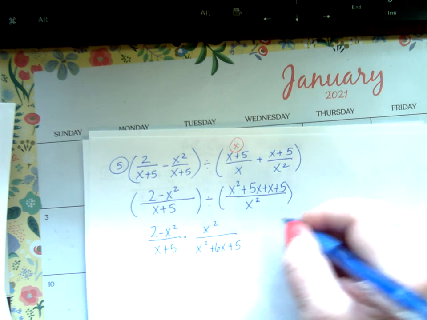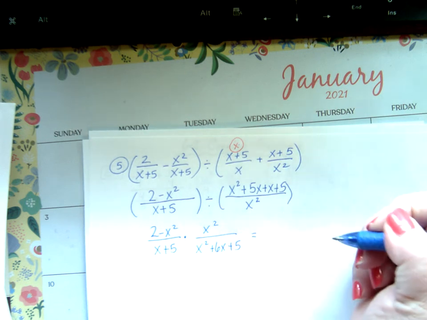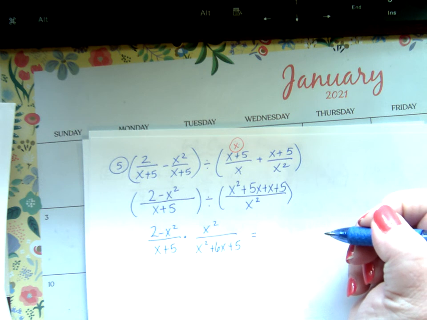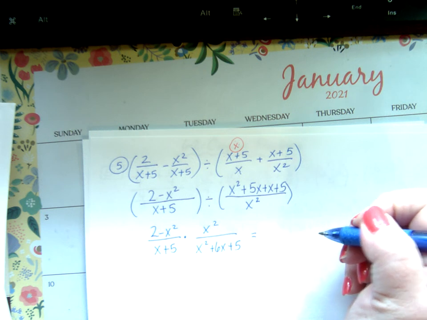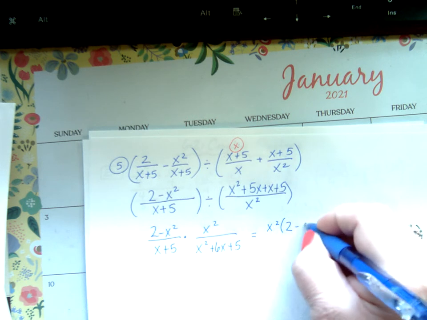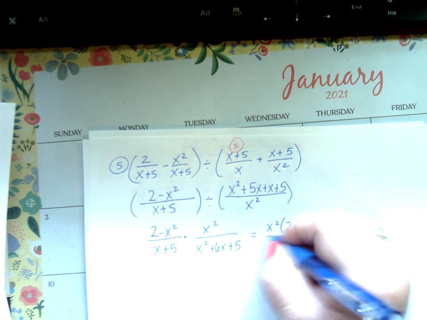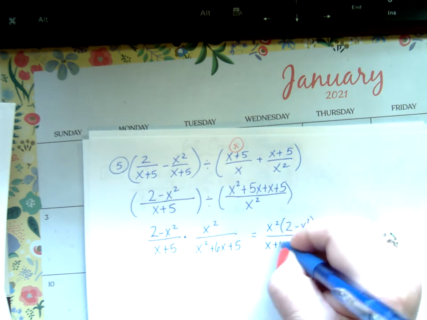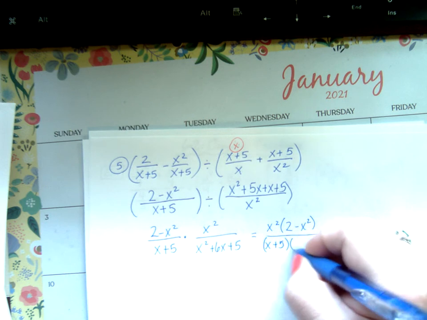Canceling anything? I'm not seeing anything. All right, x squared, 2 minus x squared up top. Down the bottom, x plus 5, x squared plus 6x plus 5.